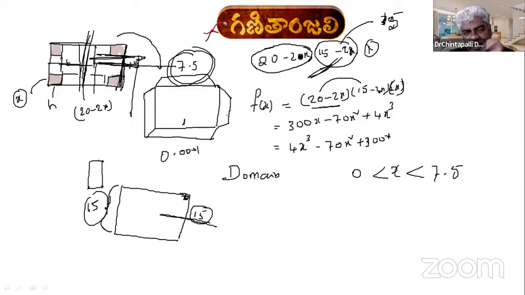What is the highest value of x? Less than 7.5. The least value is 0. Let us first write the domain. Domain is 0 to 7.5.